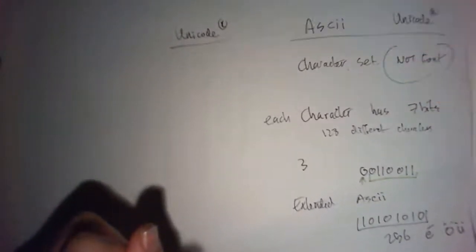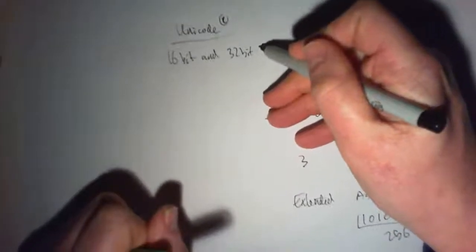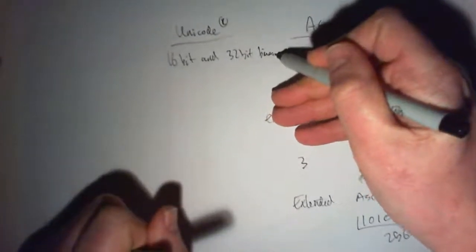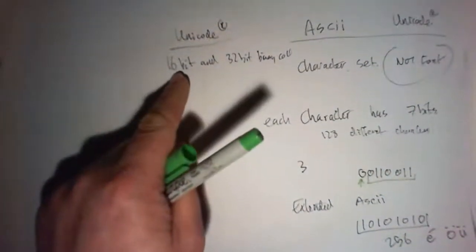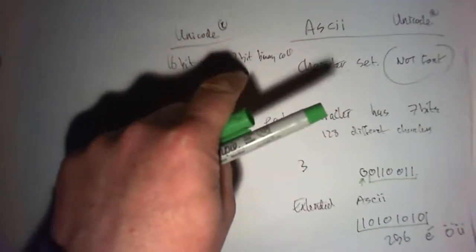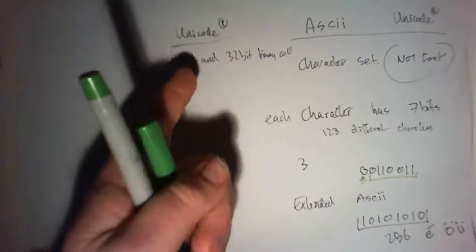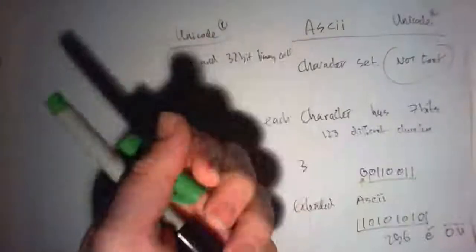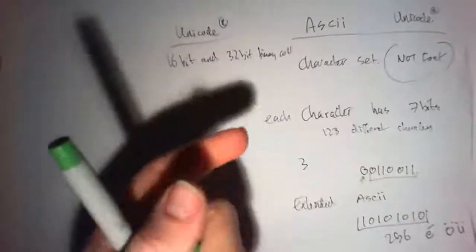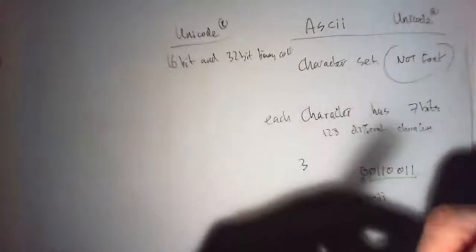In its most common form, it uses 16-bit and 32-bit binary codes. The minute you get up to 16 bits, you're up to big numbers. We had a look at 32 bits and something like 4 billion different possible combinations. The best thing about Unicode is that it covers all the languages, even those that use a completely different alphabet, for example Chinese, Greek, Russian, Middle Eastern scripts.